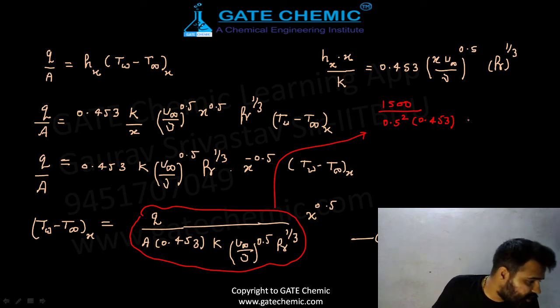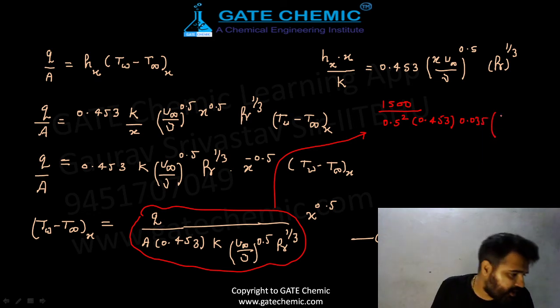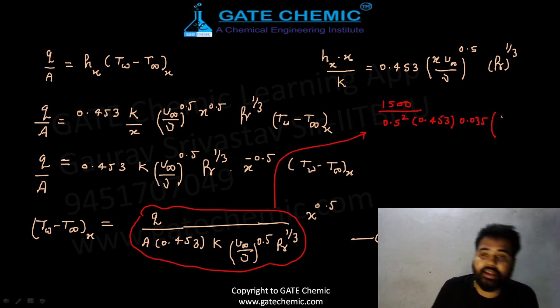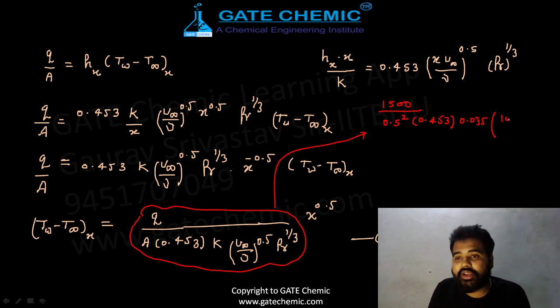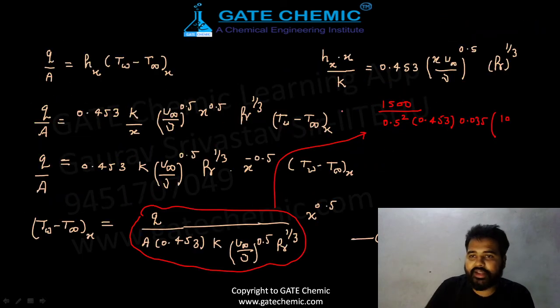What is the value of k? 0.035. And u infinite, where is u infinite? Where are you, u infinite? Wait, कहाँ गया भाई? Yeah, 10. It is 10 meter per second. You can see 10 meter per second.